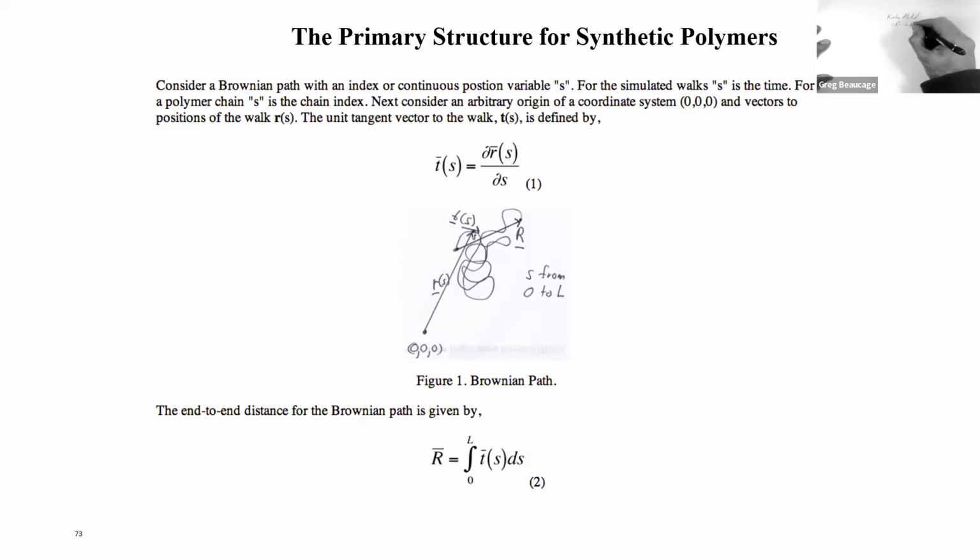And this is a Kuhn step and Kuhn unit. And then we also have the number of chemical monomers. So those are different, and you could write it in terms of that. And then we also said that L equals N_K l_K equals N_chem l_chem. In other words, capital L is the contour length of the chain.